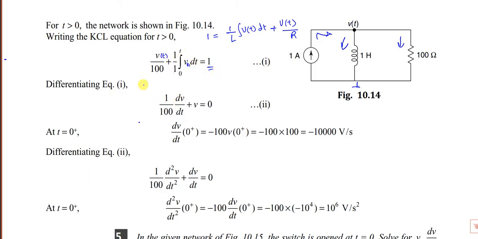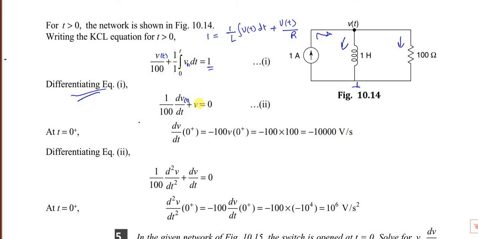Is equal to 1. Now I want actually dV by dt. Here you can see V of t is there, the integral is there, but there is no dV by dt. So you have to differentiate this equation. If you differentiate, v of t is a voltage with respect to time. Now it is 1 by 100 dV by dt, and the integral and differential will get cancelled.